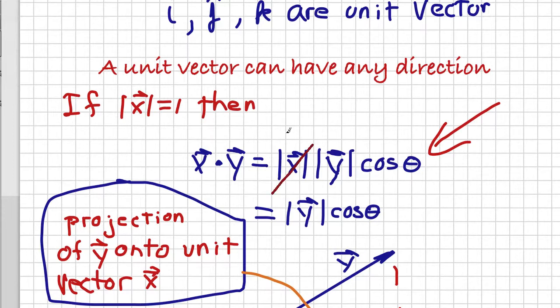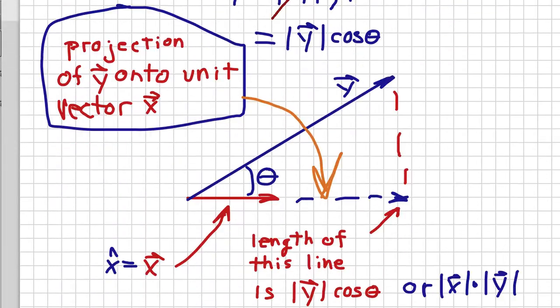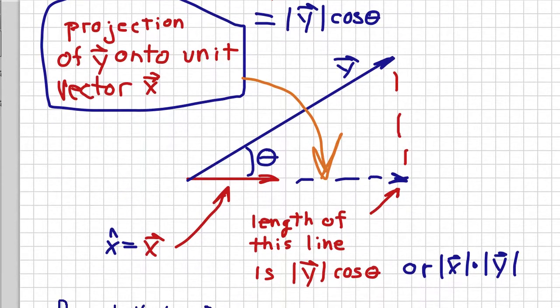This is 1. So what I have is that x dot y is equal to magnitude of y times cosine theta. So let's think about what the implication is. Suppose I draw a triangle, and the hypotenuse of my triangle is the y vector, and it has length magnitude of y.